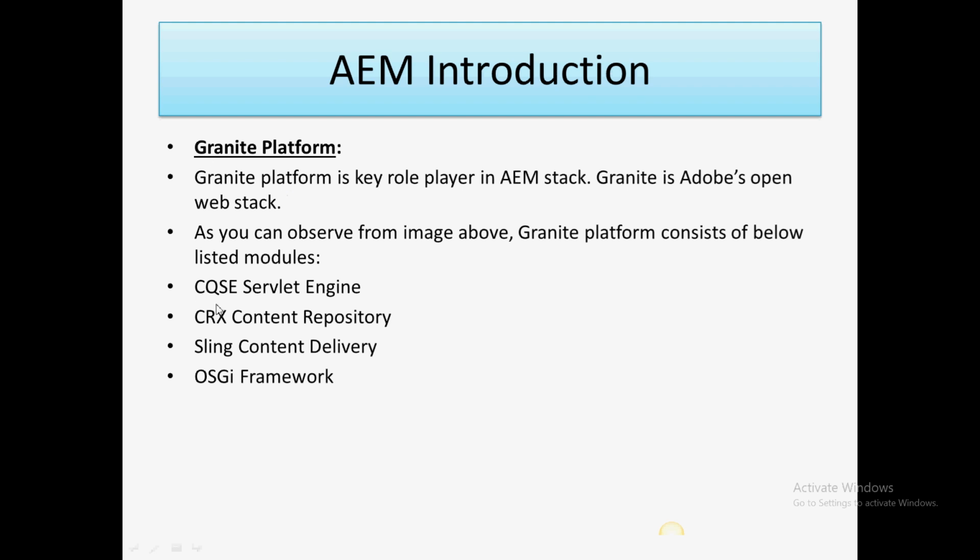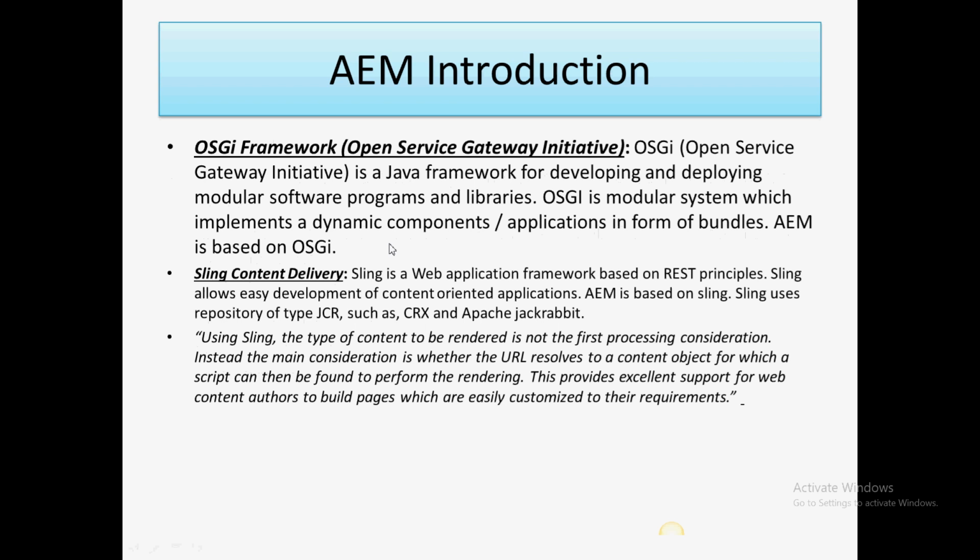Then you have the CRX content repository, Sling content delivery, and the OSGi framework. That outer cover that consists of everything is called the web stack, and that web stack is Granite, which contains all the frameworks, all the REST APIs, all the modules within this Granite. Now we will be discussing the different parts.